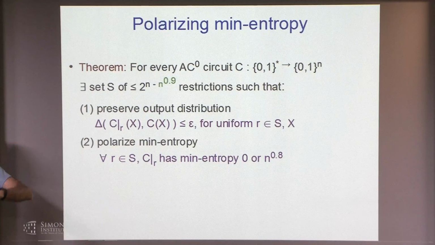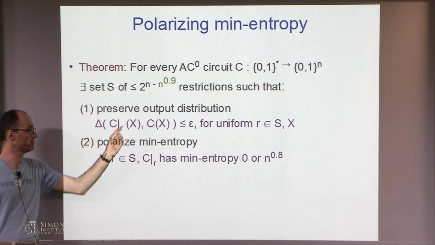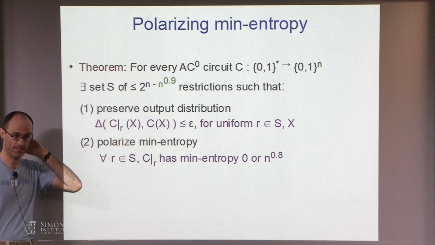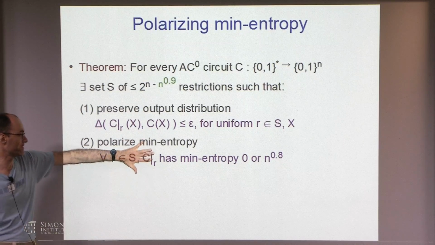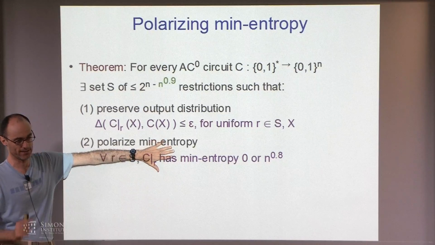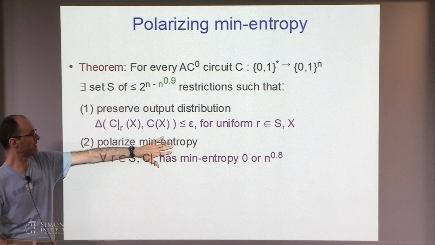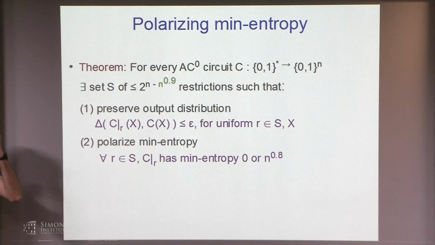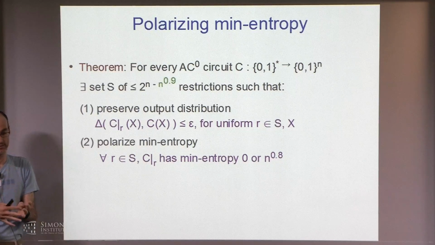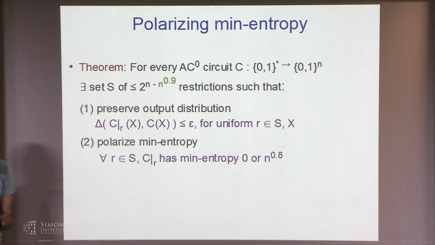Then you use the polarization to argue that you can use the switching lemma with few restrictions that don't change the output distribution. So this polarization is really only done at the d-local level. For AC0, you find a very sparse set of restrictions which go from AC0 to d-local, which preserve the output distribution, and then you can polarize this d-local stuff.